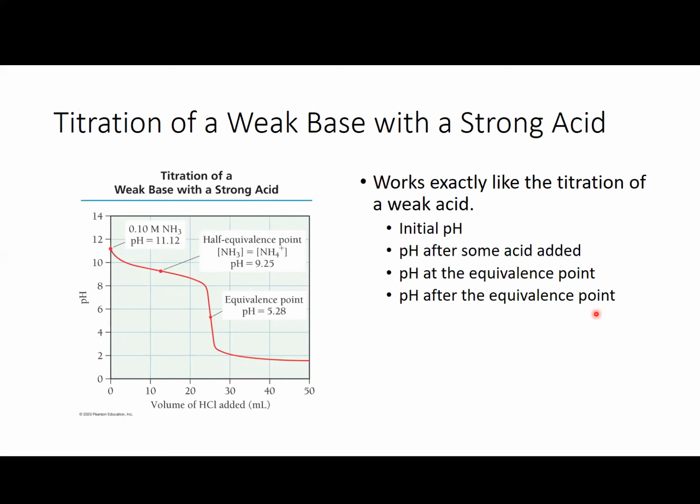Those are the 4 major landmarks we're going to pay attention to. This other one is here, and we'll look at that as well. It's no less important. That is halfway to the equivalence point. And the nice thing about halfway to the equivalence point is there's going to be a relationship between the dissociation constant and the concentration that we're looking at.